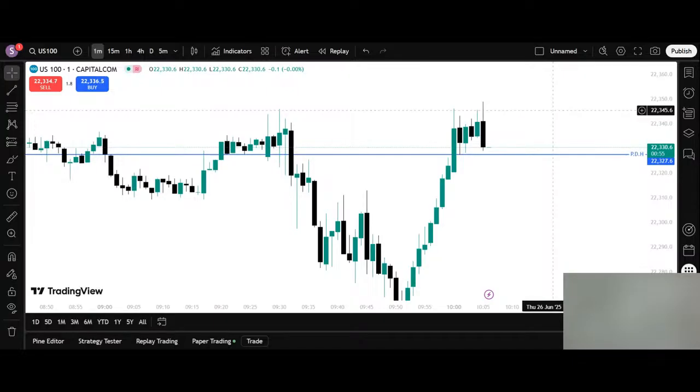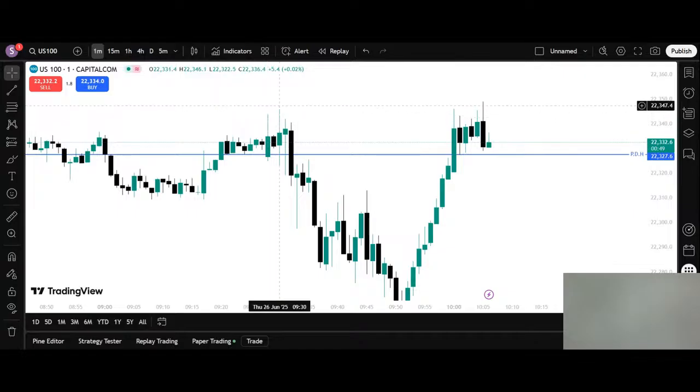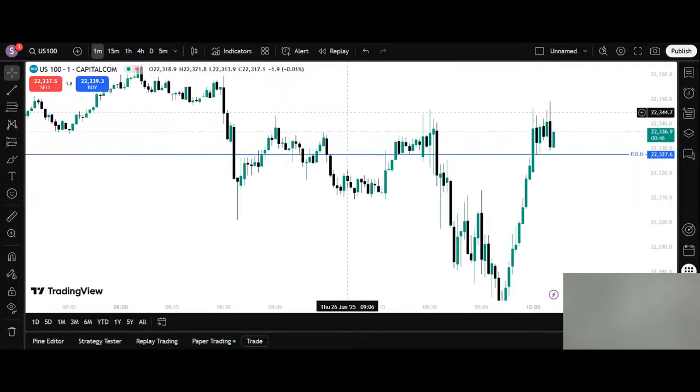Let's see. It has come down a little. After clearing this, it has just stripped it. It's gonna go there again.